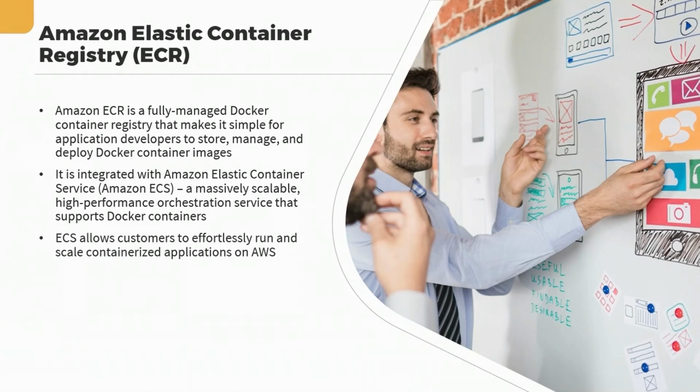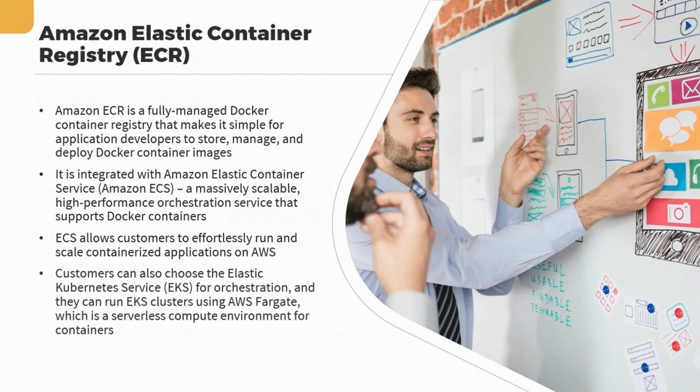Elastic Container Service allows customers to effortlessly run and scale containerized applications on AWS, often in a serverless scenario with AWS Fargate. Customers can also choose the EKS, Elastic Kubernetes Service, for orchestration, and they can run EKS clusters using AWS Fargate, the serverless compute environment for containers.